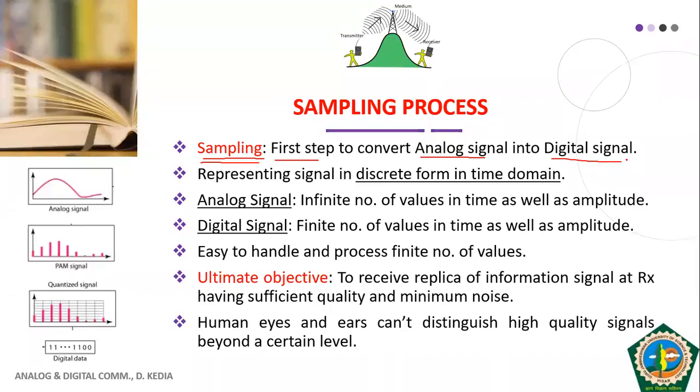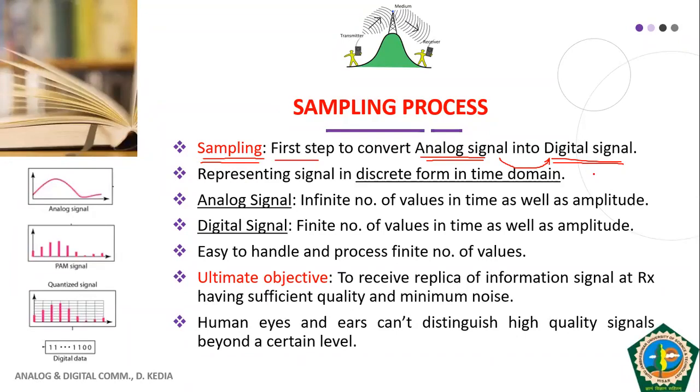Okay, before we move to sampling, we need to discuss why at all we need to convert our analog signal into digital signal. One reason I told you in the previous slide, that in case of a PCM system, the effect of noise is significantly reduced.